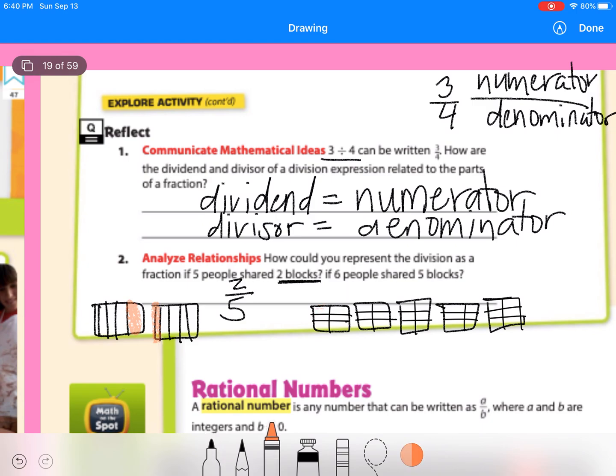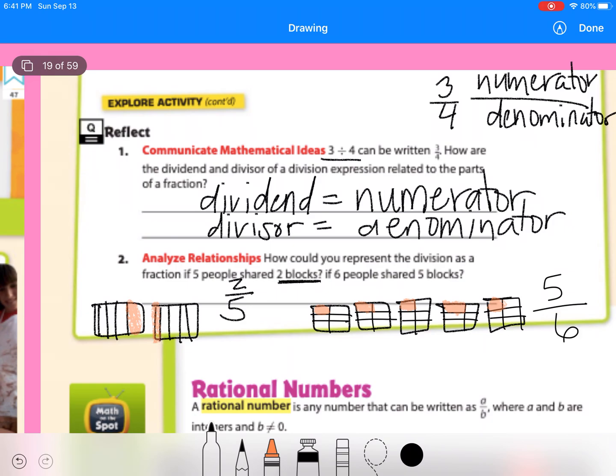So if I'm one person, I get a piece from here, a piece from here, here, here, and here. So how many pieces do I get? 1, 2, 3, 4, 5. I get 5 pieces. Whoops. I get 5 pieces. And how many blocks are there total?